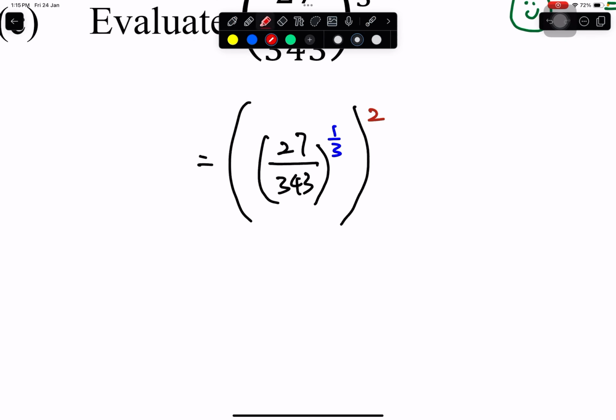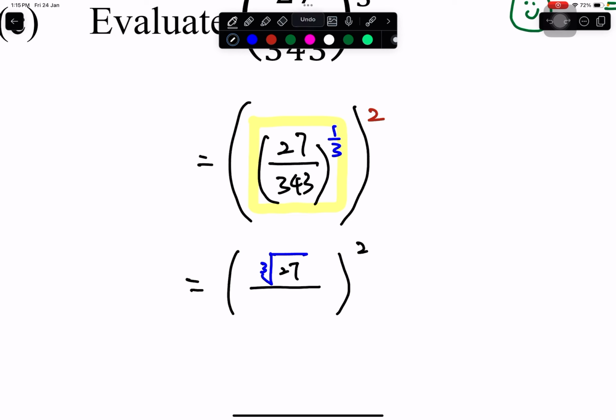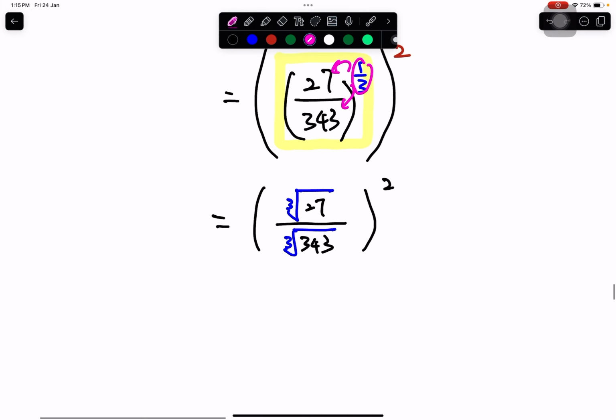So now let's focus on the inside part first, which is taking the cube root. We keep the big bracket outside, put a 2 there. Then we have the cube root of 27 divided by the cube root of 343. Again, the power has to be applied to both the top and the bottom of the fraction. So keep the squared outside first. Let's solve what's inside.